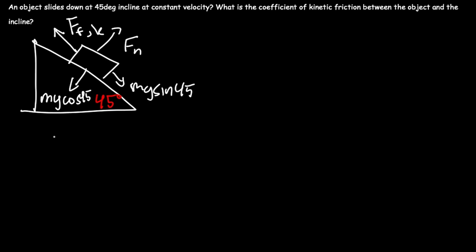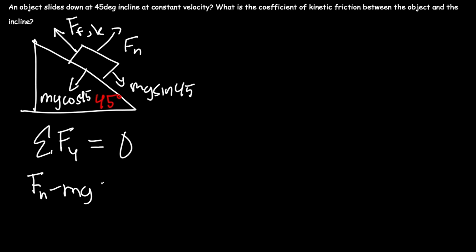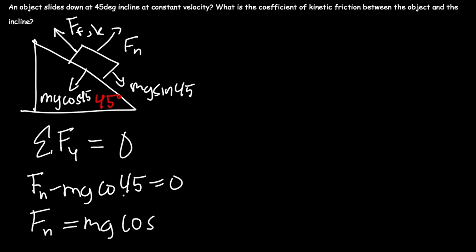So, we have the summation of f sub y is equal to 0 since wala namang force na mag-act. And that is equal to Fn minus mg cos 45 is equal to 0, or simply f sub n is equal to mg cos 45.